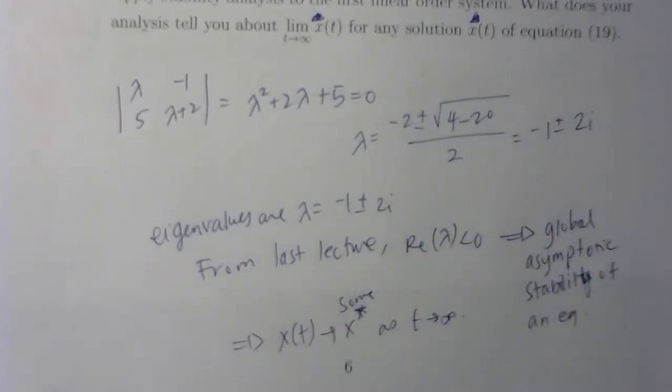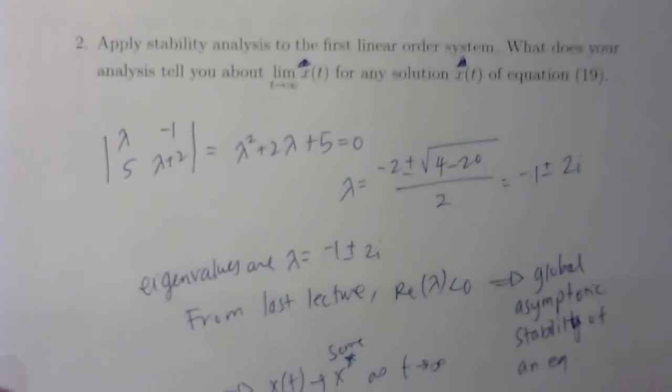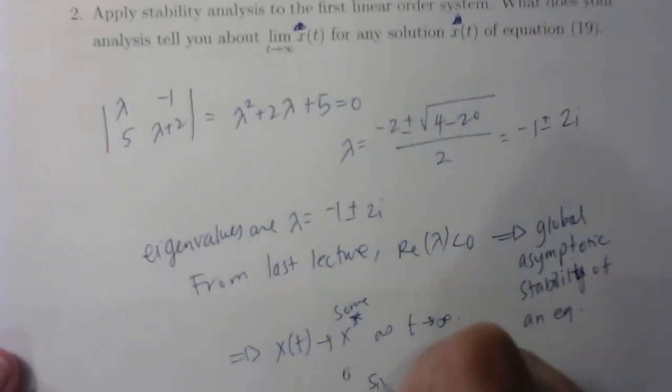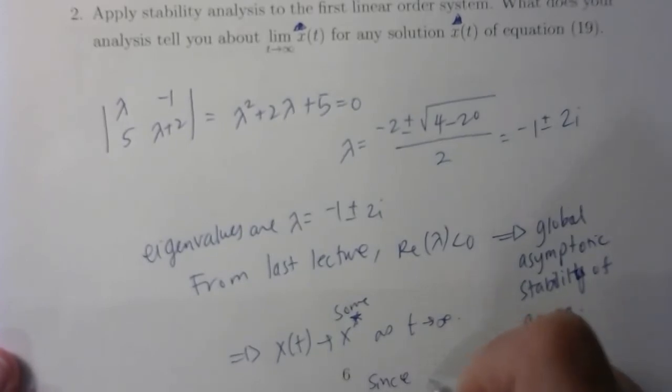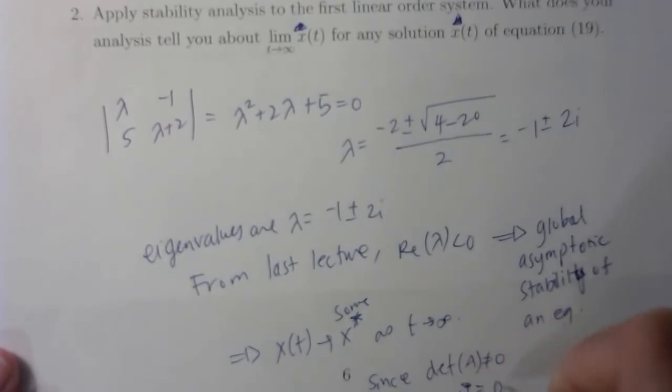So all of the solutions decay to some solution. And given the form of this guy up here and the fact that A is full rank, the solution should be the origin, right? So since the determinant of A is non-zero, x star should be 0.